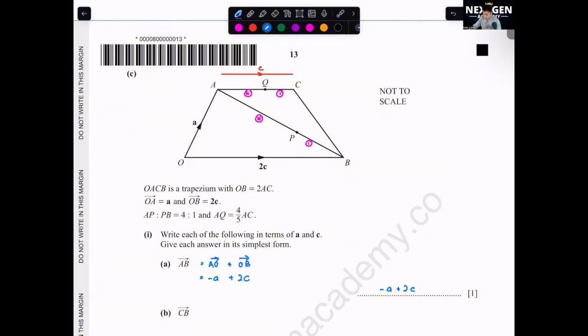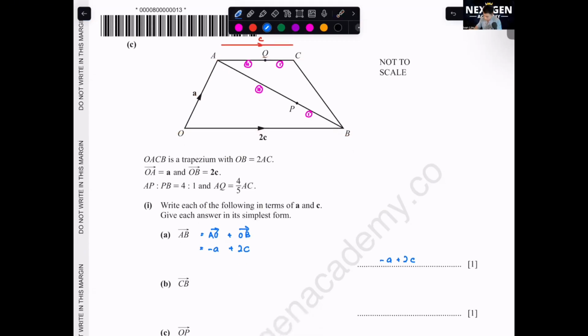The next one. CB, C to B, we'll take CA plus AO plus OB. Minus C, minus A, plus 2C.